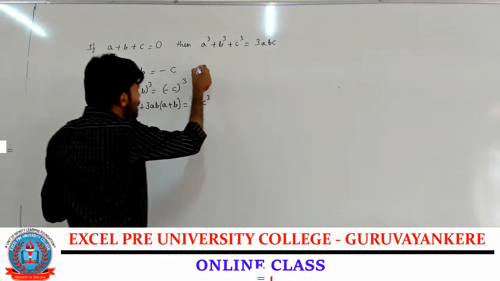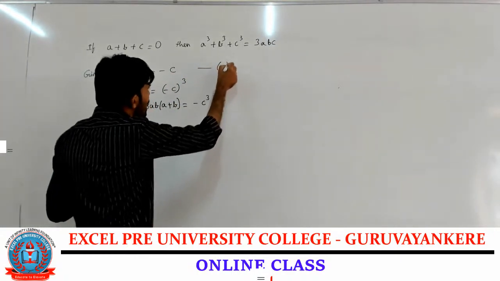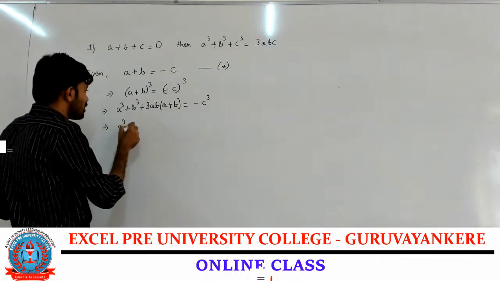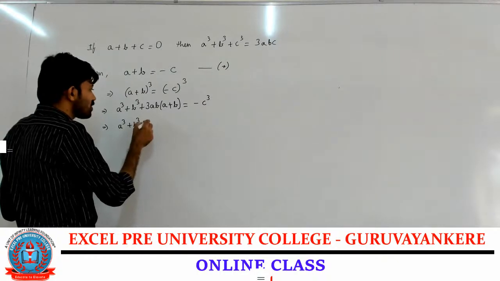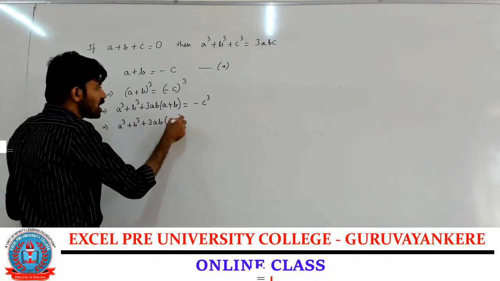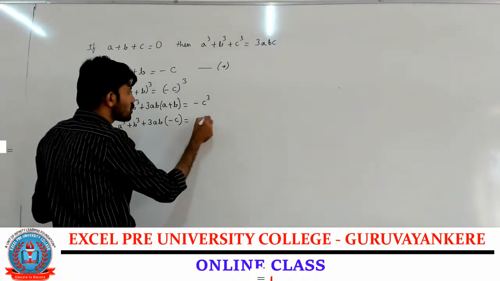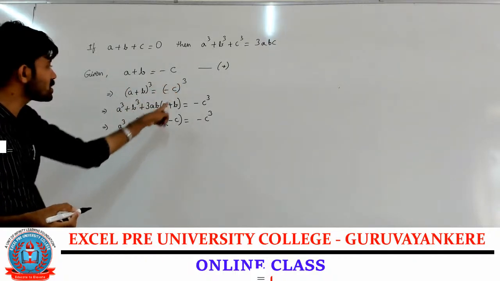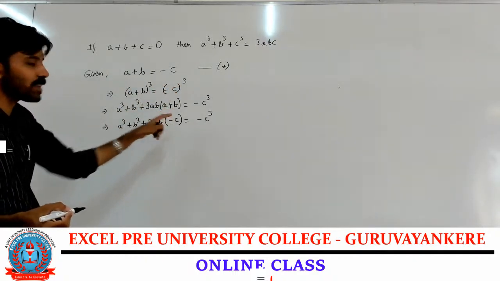Call this as star, I'm using this again. A plus b is minus c, so what we get is a cube plus b cube plus 3ab into minus c is equal to minus c cube. A plus b is equal to minus c, substitute.